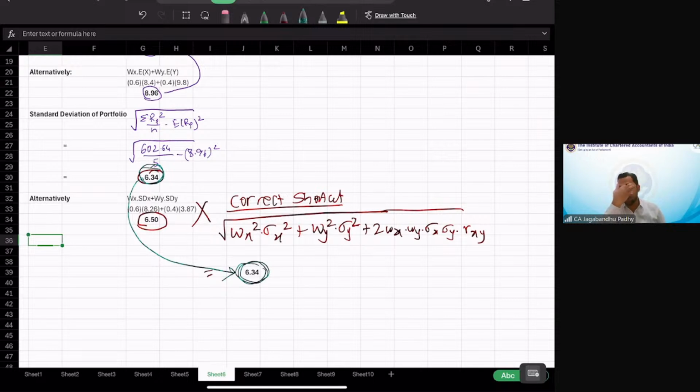So you will be able to understand that the portfolio standard deviation is not computed only on the basis of individual standard deviations, but also the way or the direction in which the returns of the securities are moving. The lesser the correlation, you can create a portfolio with a lesser amount of standard deviation.